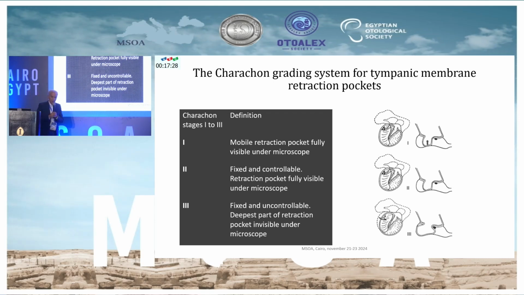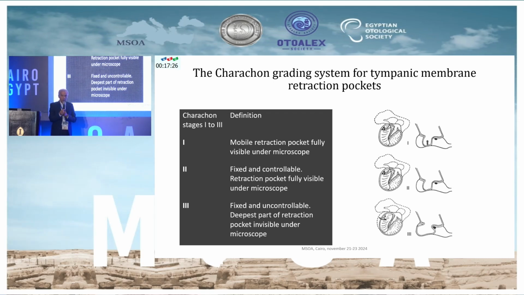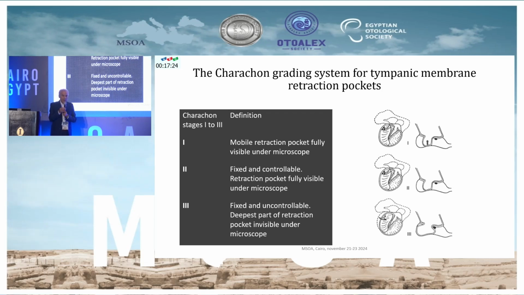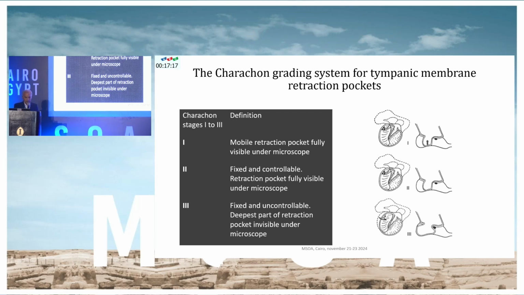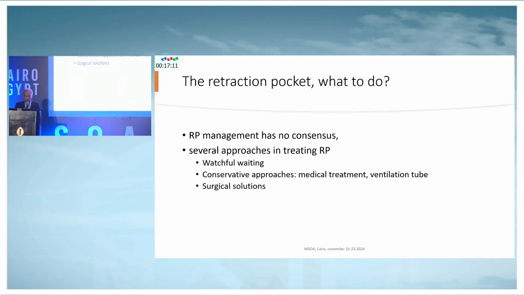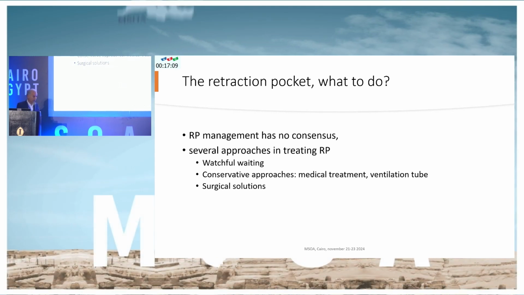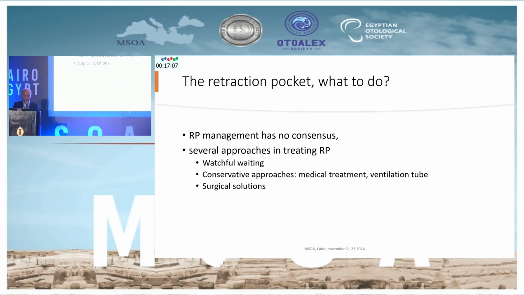Now, some authors introduce the exam with endoscope to examine the bottom of the retraction pocket. The management of retraction pocket has no consensus. There are several approaches in treating these pathologies.